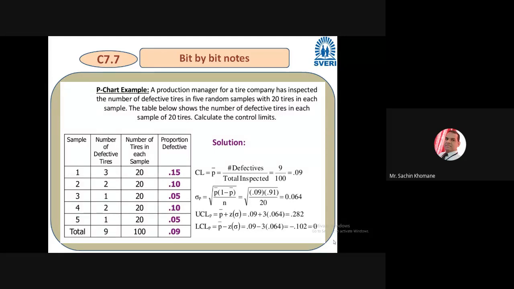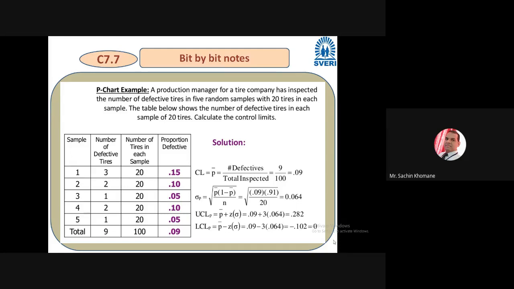Just draw for sample numbers 1 to 5 only. Sample number 1 to 5 will be on the x axis, and proportion defective will be on the y axis. You already have the central limit, sorry, control limit, then upper control limit and lower control limit.